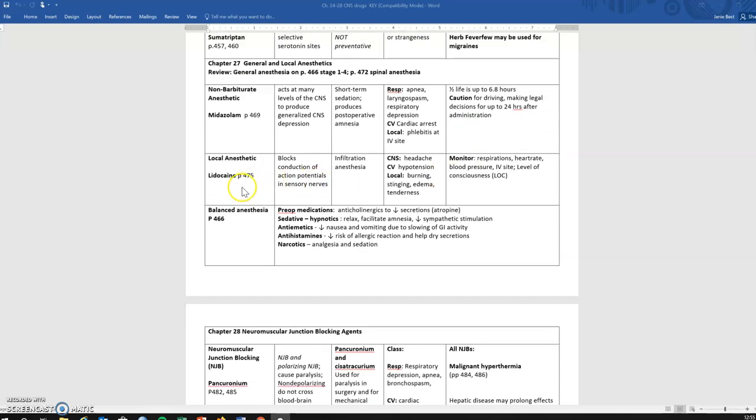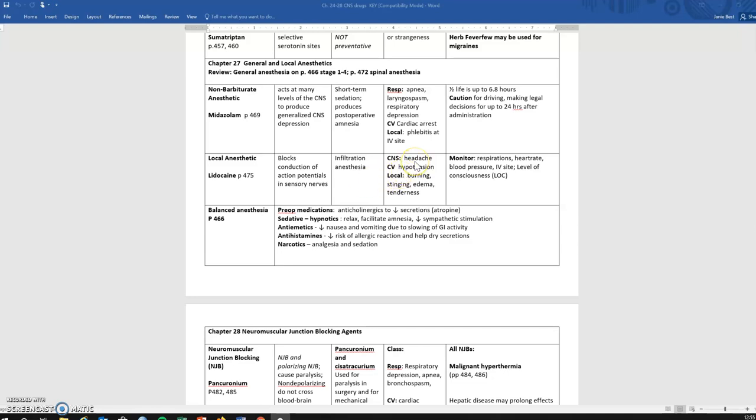The local anesthetic that we have discussed is lidocaine, which is used for infiltration anesthesia. So if you're having stitches placed because of a cut, they may use lidocaine to numb that site. Sometimes they will use lidocaine to numb prior to inserting an IV line.